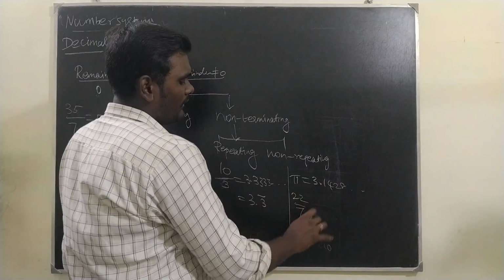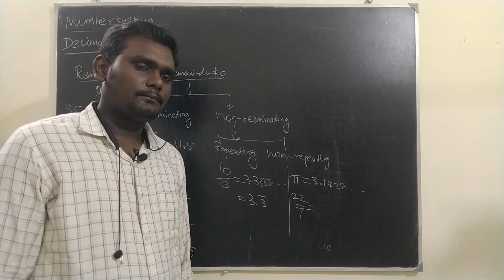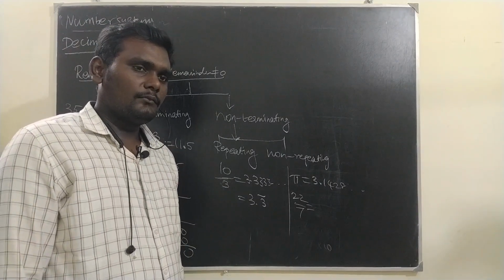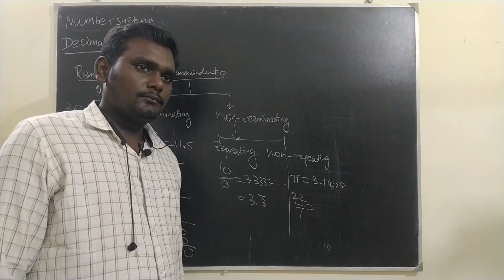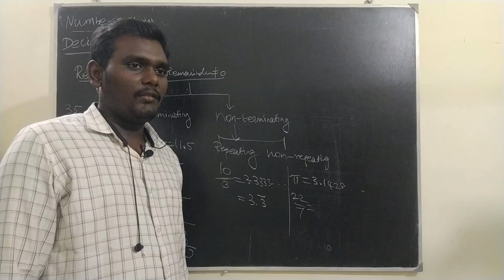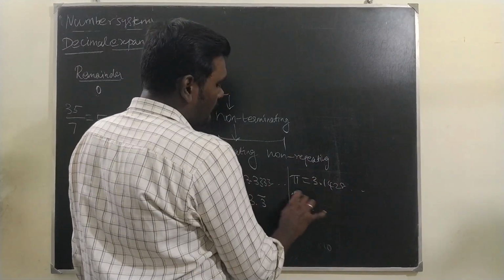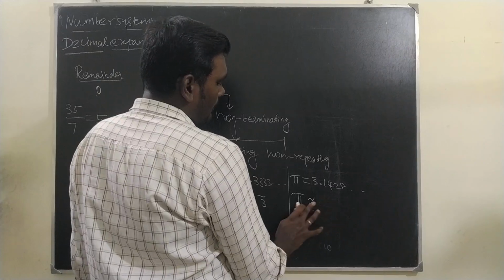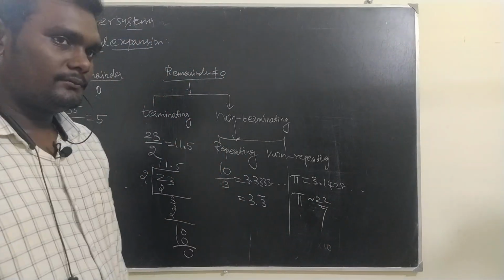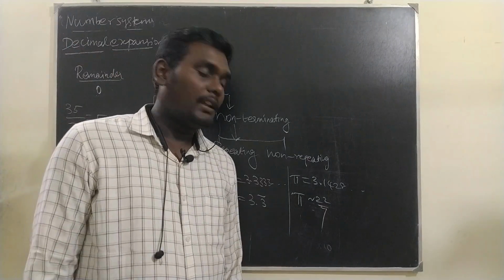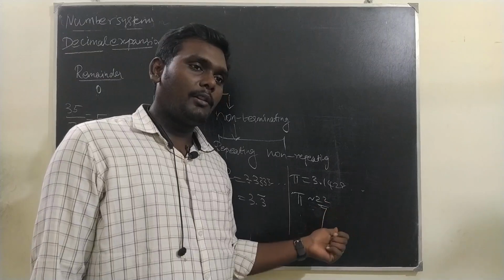Shall we say 22 by 7 is non-terminating, non-repeating? Shall we say pi is equal to 22 by 7? No, we can't say, because pi only approximates to 22 by 7, it is not equal to 22 by 7. The pi value starts with 3.14, and 22 by 7 also starts with 3.14.